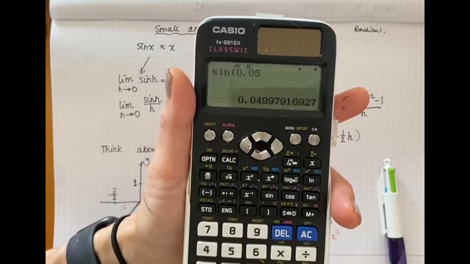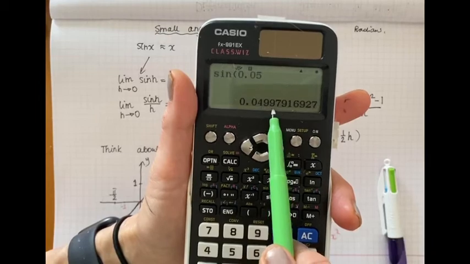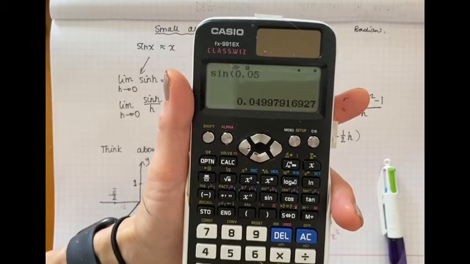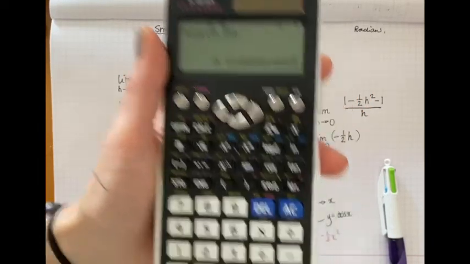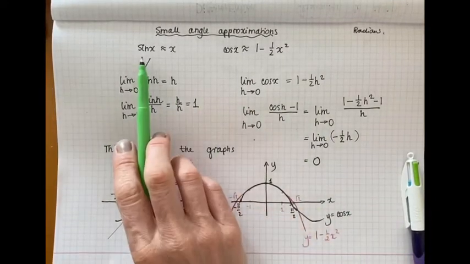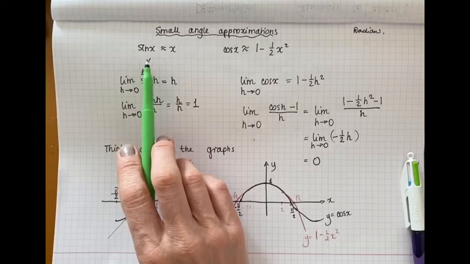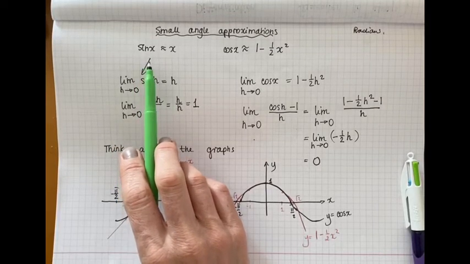That will be pretty much 0.05 if you round it to 3 significant figures. So it's correct to 3 significant figures. So that's the first result which you need to be able to quote at any time. I think this is in the formula booklet.